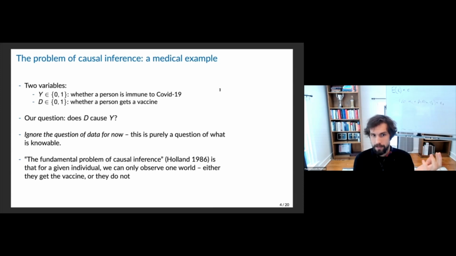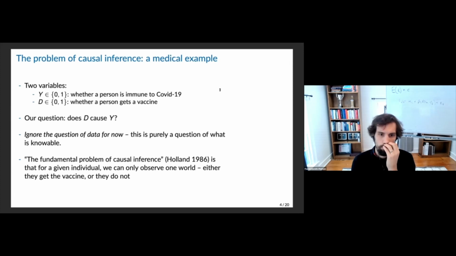And so obviously our question, as we all want to know, is: does D cause Y? And we're not even thinking about data right now. We don't have a data set. We just want to understand what we can know about what's knowable?